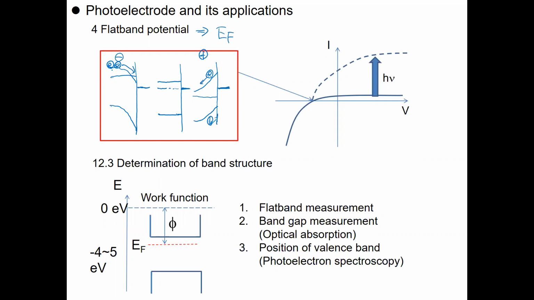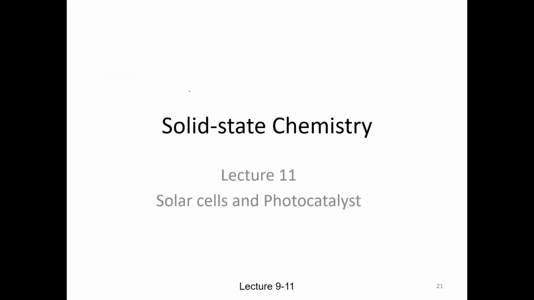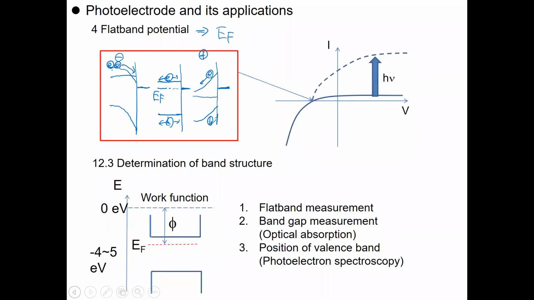So in this case, electron and hole cannot decide which way to go. So the net charge is going to be zero. This is the flat band potential. And what you could notice is at this position, the Fermi level matched with the redox potential of the chemical species. That's why you could understand the Fermi level of the electrode.